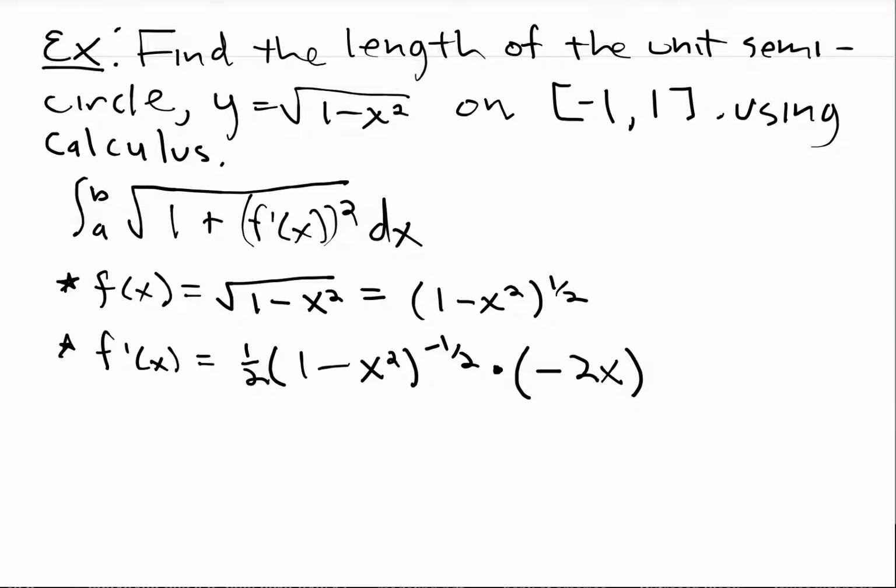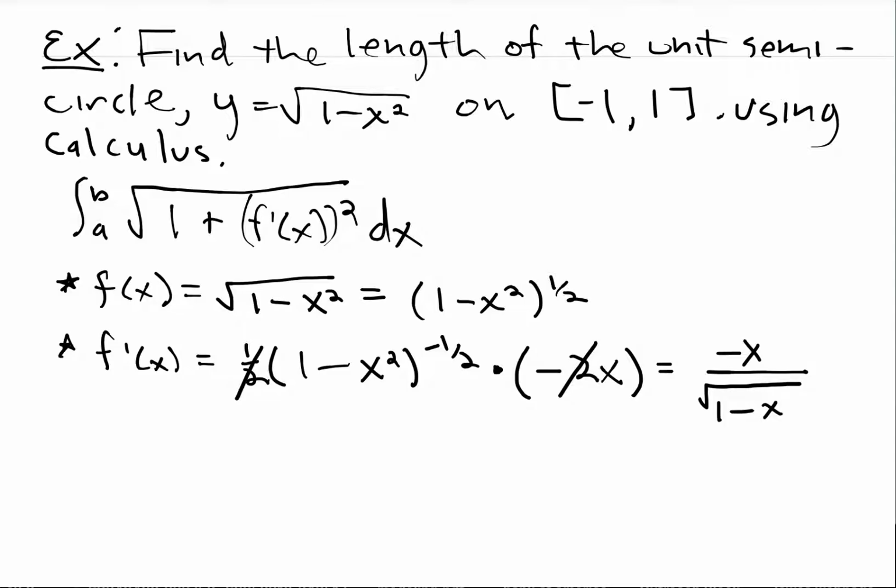Some comments on things I can do. First off, I have a minus 2 and then I have a 1/2. The minus sign isn't going to go away, but the 2 and the 1/2 will cancel each other out. If I want to clean this up, I can go ahead and note that that minus x is not really going to go anywhere, but everything else is to a negative power, so I can flip that into the denominator. If I have a half power in the denominator, I'm really taking a square root.